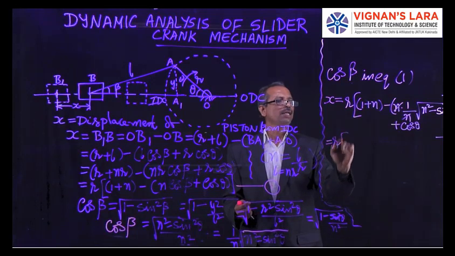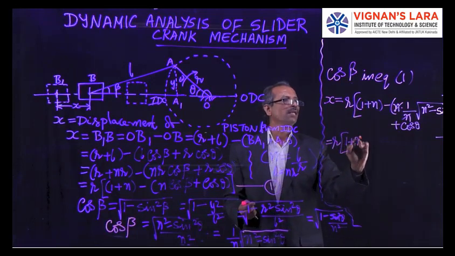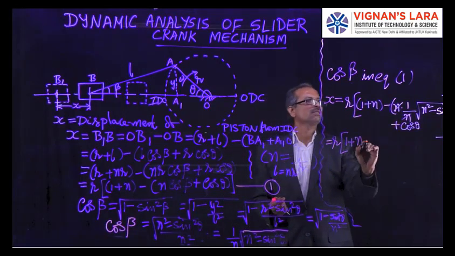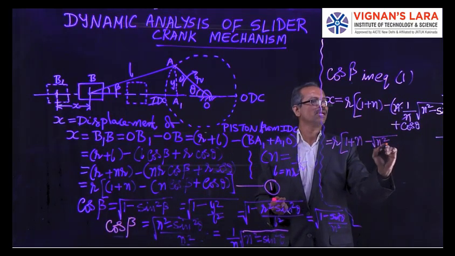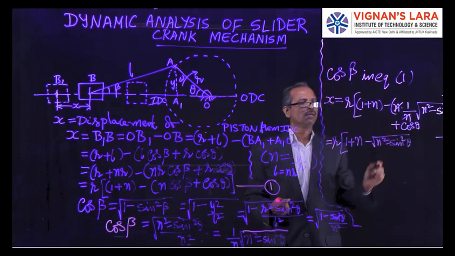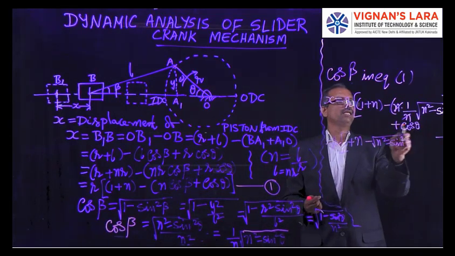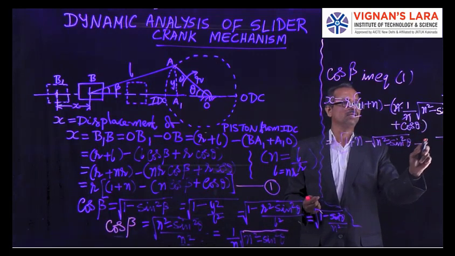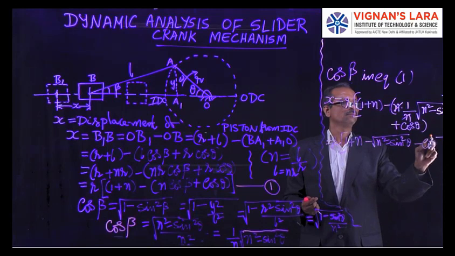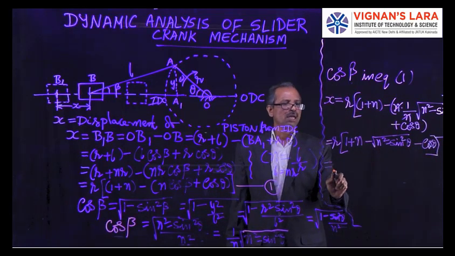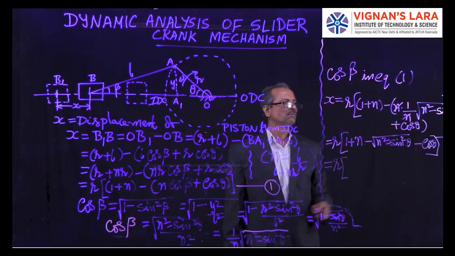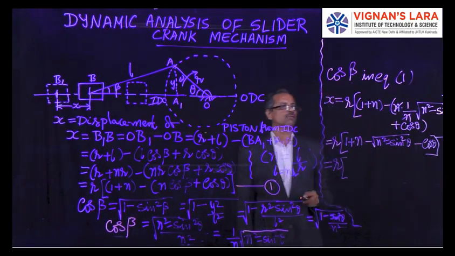So r into 1 plus n, minus root over n square minus sine square theta, minus into plus, minus cos theta. So this is r into n square minus sine square theta.